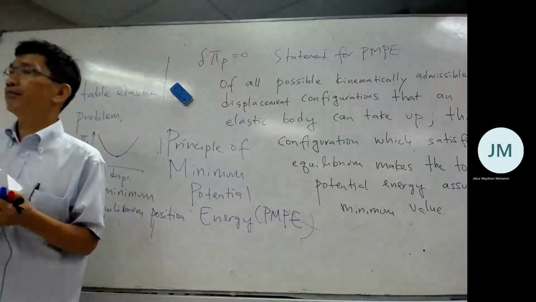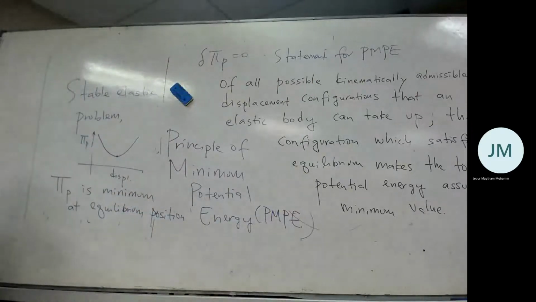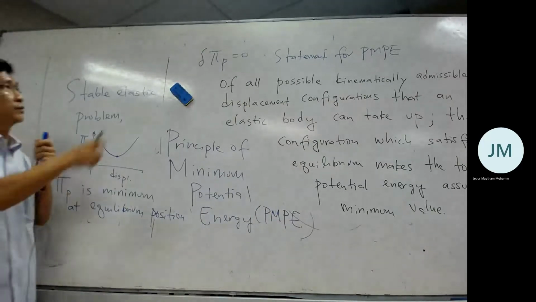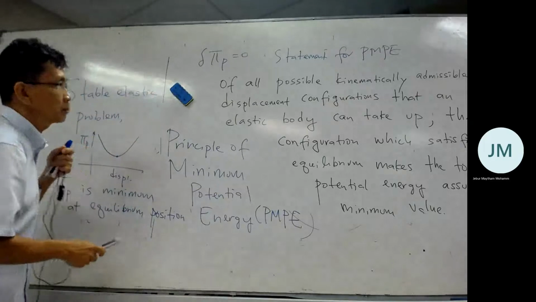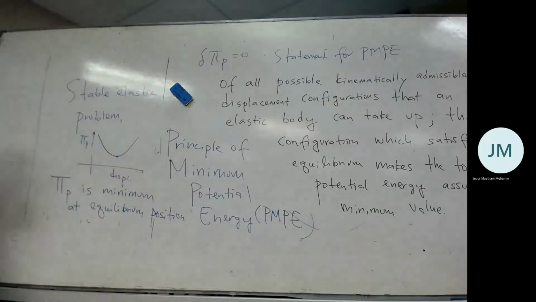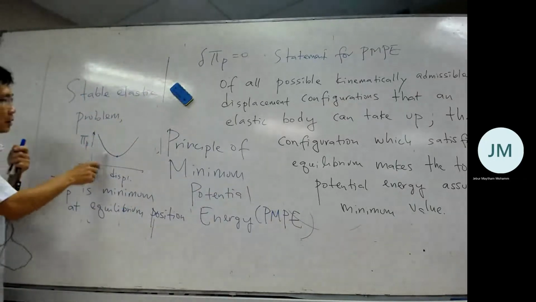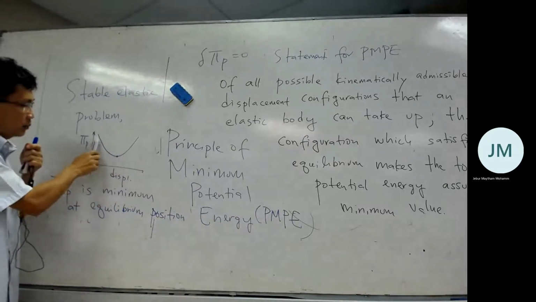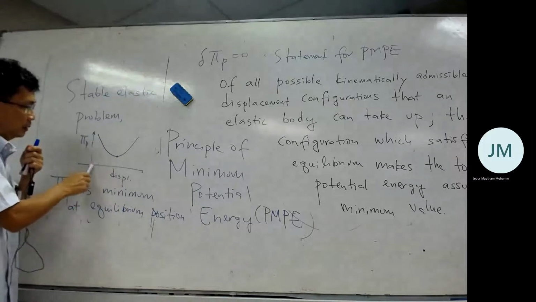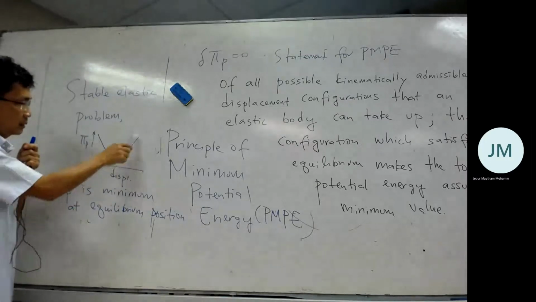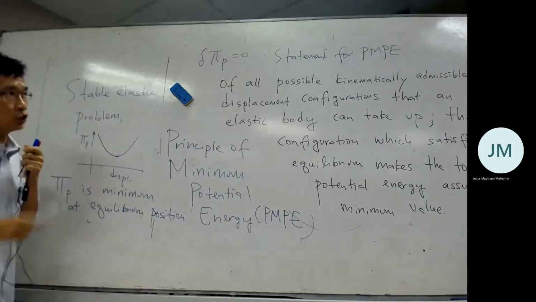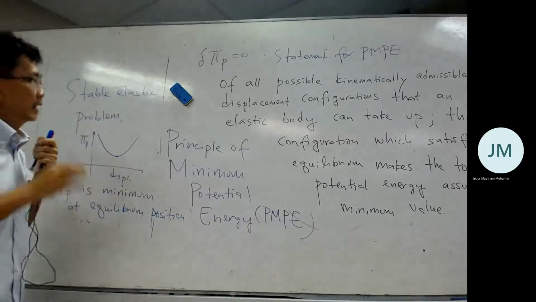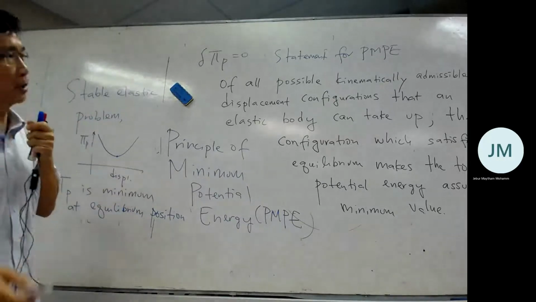So this is what we can use to represent the meaning of this statement. If I represent this using this graph, this displacement represents all possible displacement, any value that you can give to the elastic body, and it must be kinematically admissible.